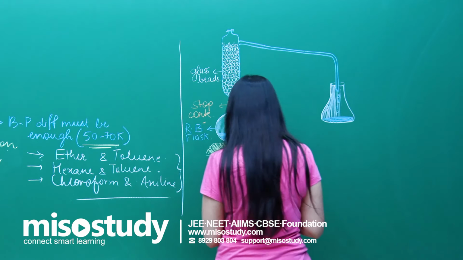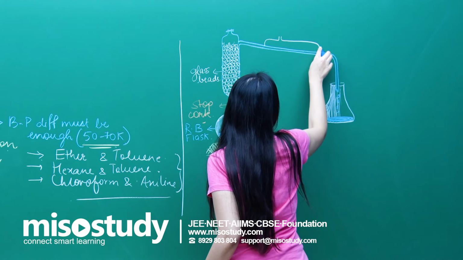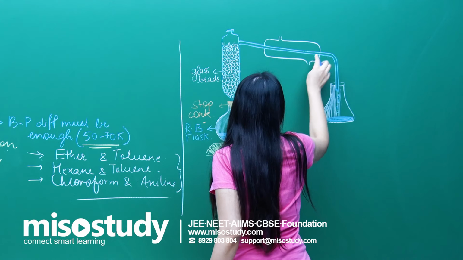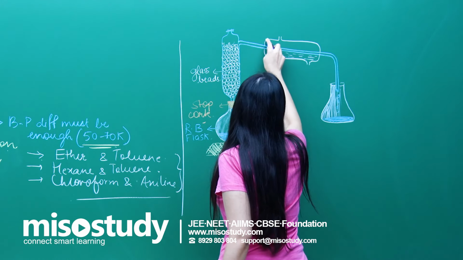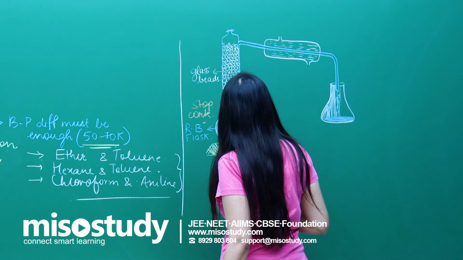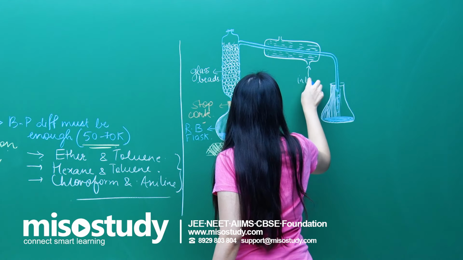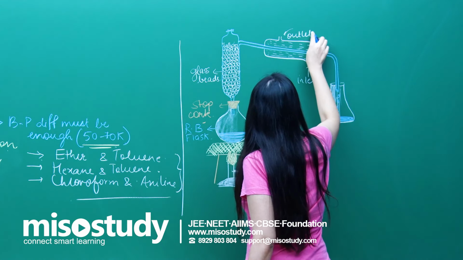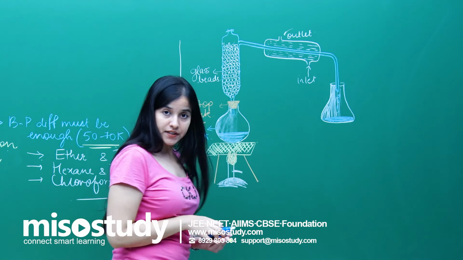So just try to draw the condenser along with me. The condenser has got an inlet and an outlet. So that is the inlet and that is the outlet. Clear? Now what does the procedure say?